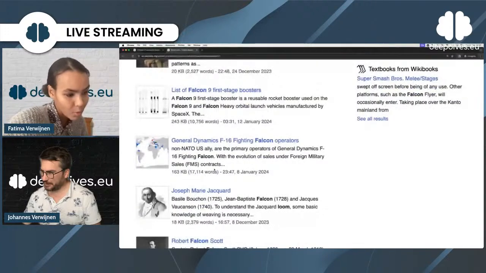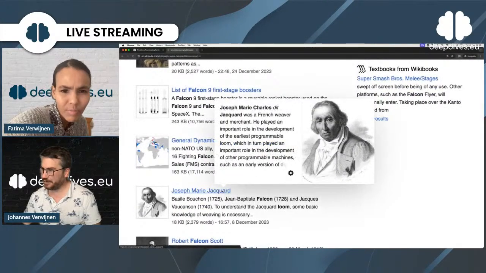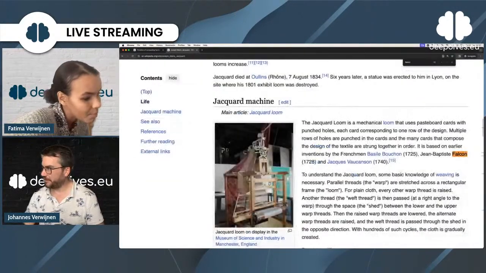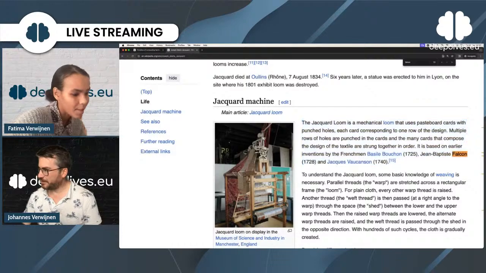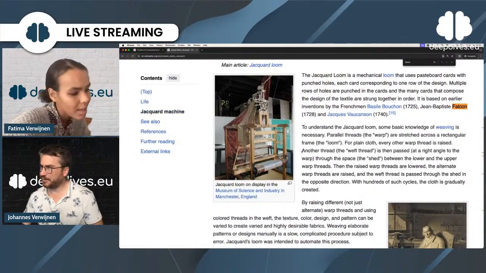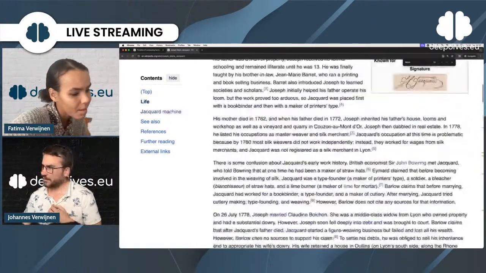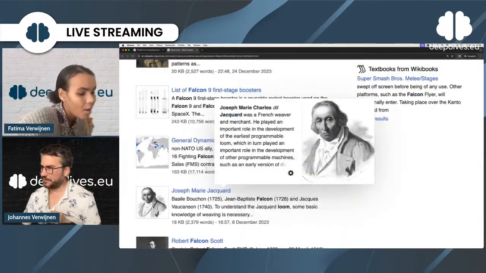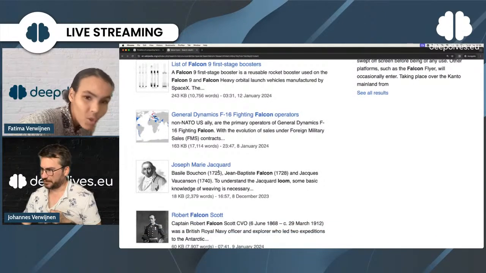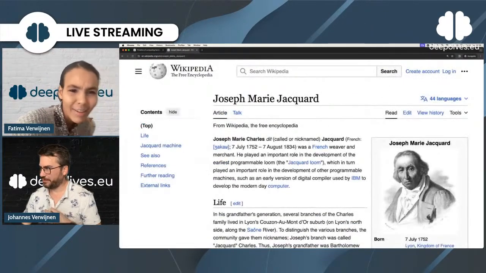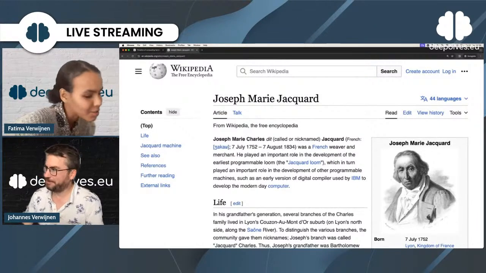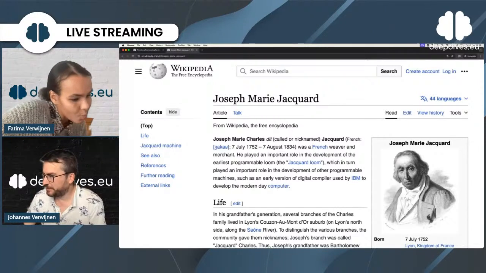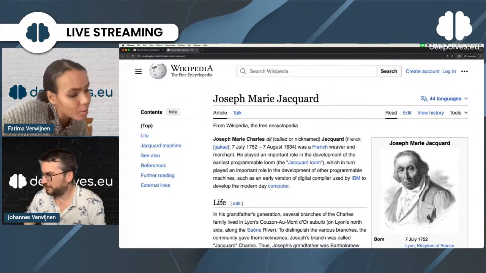So both the Bouchon loom and the Falson loom didn't really catch on due to technicality and practical issues. However, in 1745, Joseph Marie Jacquard combined these ideas of the continuous punched roll and the durable punch cards.